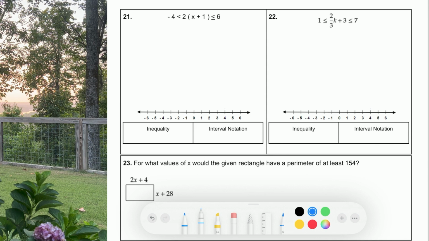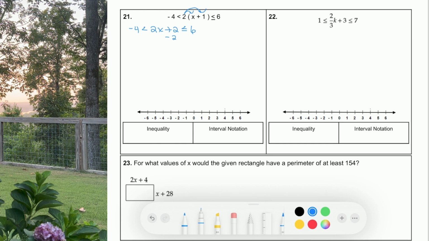Number 21, it has 2 times x plus 1 in between 2 endpoints, the negative 4 and the 6. So the first thing we need to do is distribute the 2 to both items in there. So I'm going to rewrite the negative 4 is less than that 2 is going to become a 2x plus 2, which is less than or equal to 6.